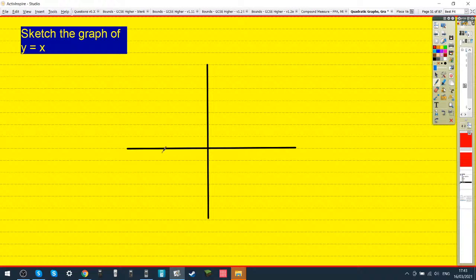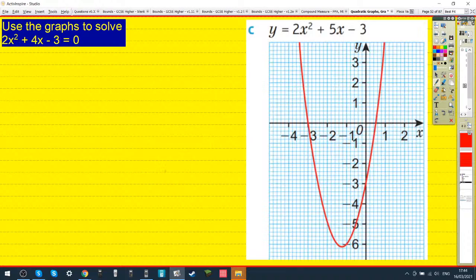Okay, what way does the line go? It goes diagonally. And that's because it goes through 1, 1, 2, 2, 3, 3, minus 1, minus 1, that type of stuff. Y equals x.